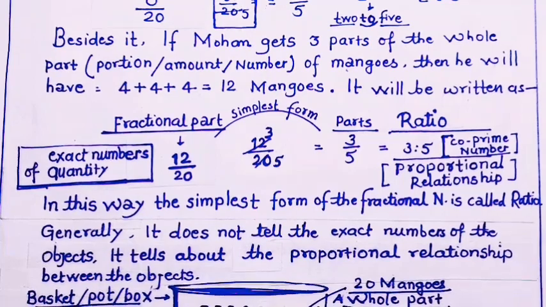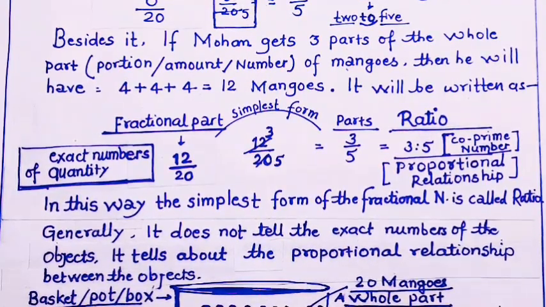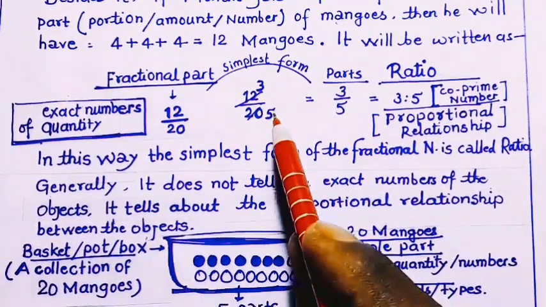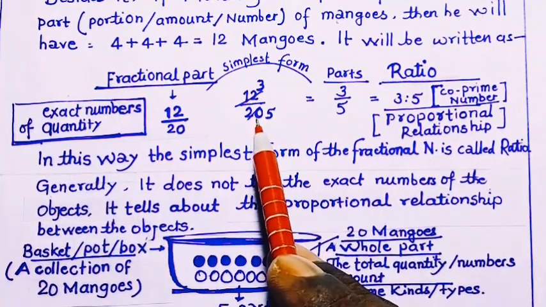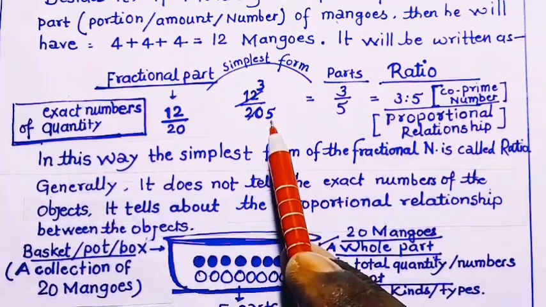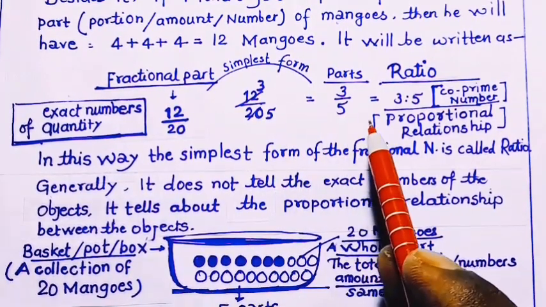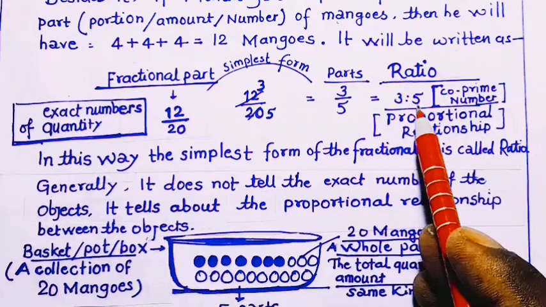When this fractional number 12 by 20 is changed into the simplest form, the new numbers 3 and 5 will be found and it will be written as the ratio 3 to 5.